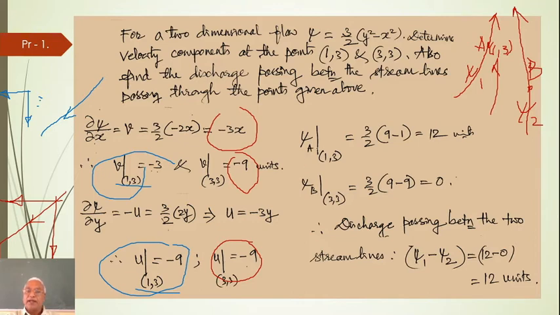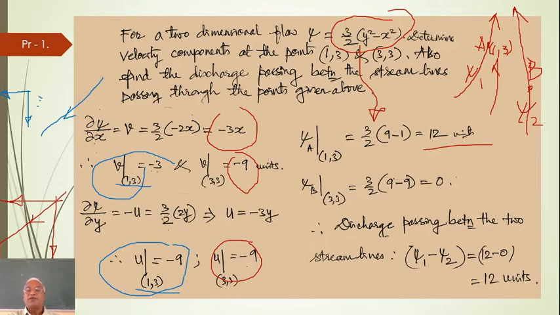Now psi at A (1 3) I know, because psi is given by this whole equation. So here I will substitute the values 1 and 3, and I will get 12 units, that is psi at A.